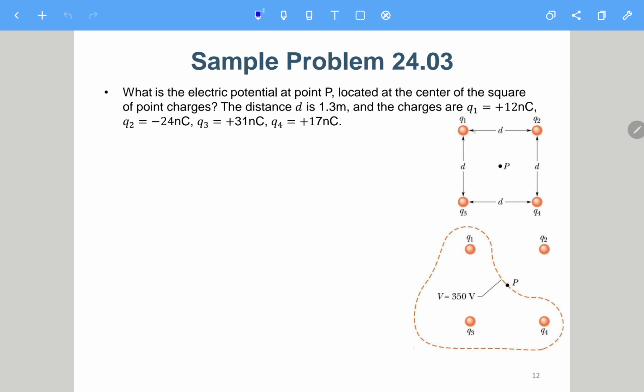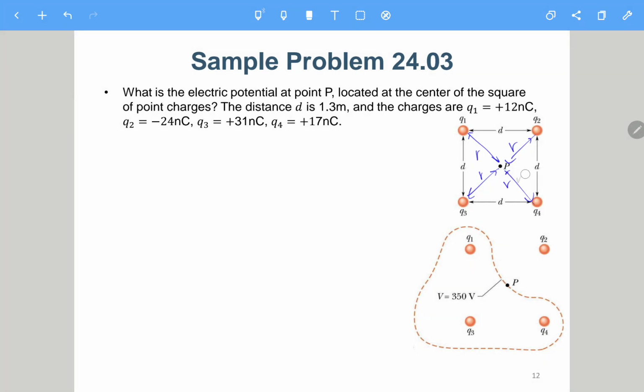You can see we should first determine the distance. All the distances should be the same. Let's say this is r, this is r, as these are from the center point.